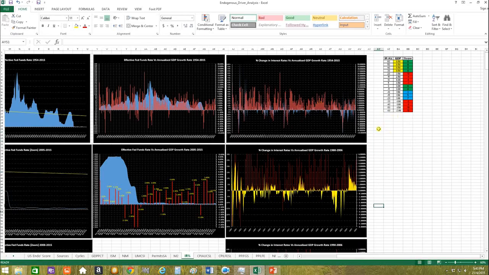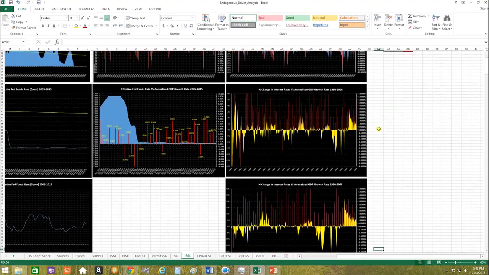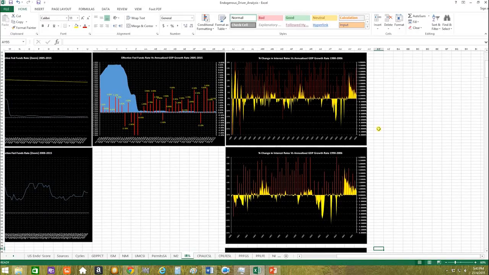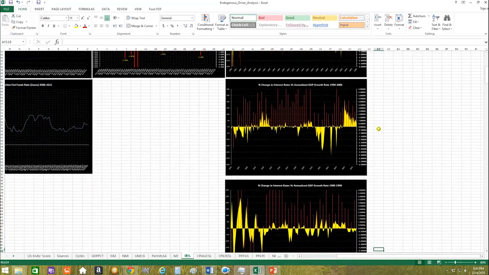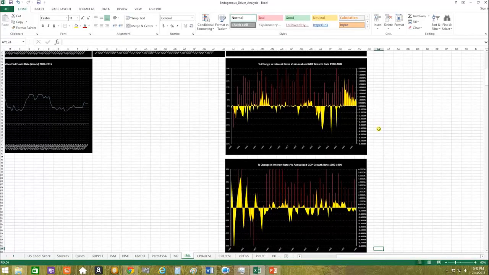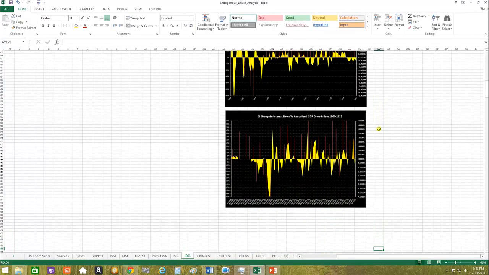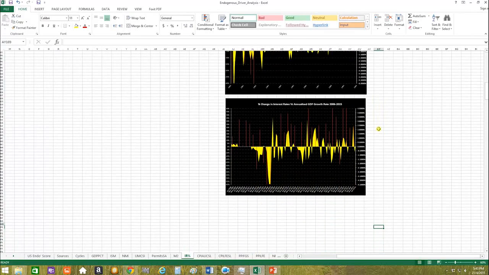And we actually zoom into this data as well on further charts. So we look at periods like 1980 to 2006 when interest rates were decreasing rapidly. We zoom in further, 1990 to 2006. We look at the period 1980 to 1990 as well. And the final period we look at is the period 2006 to 2015.